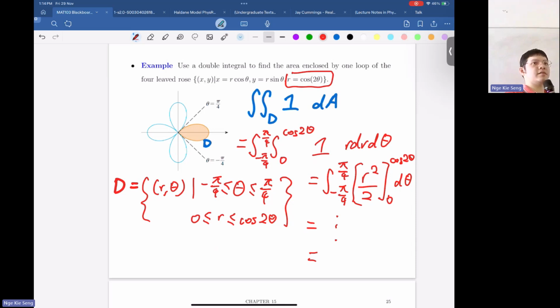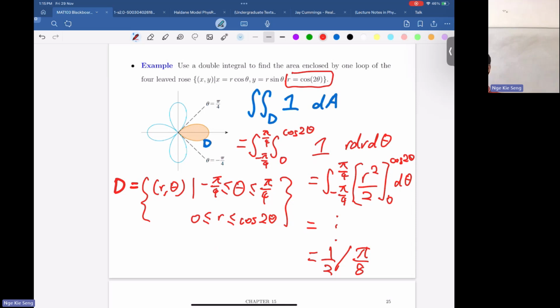What's the final answer again? Things should have pi. Yeah, pi over 8, I think, is correct.